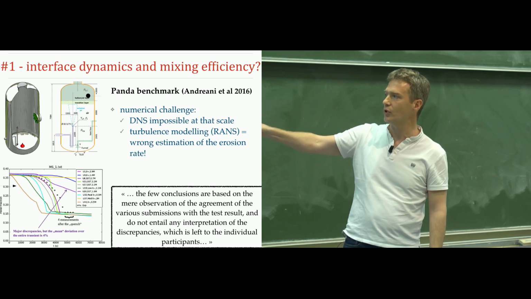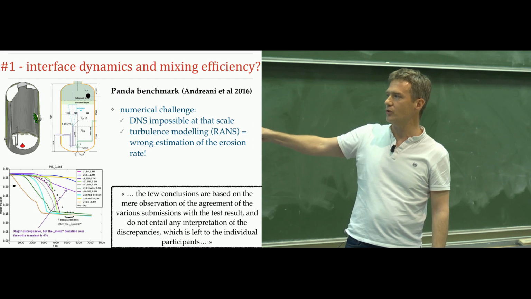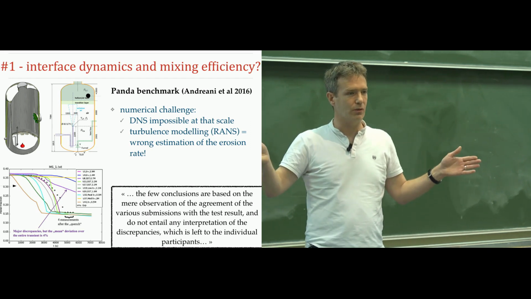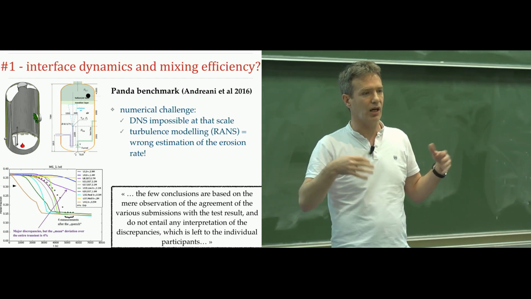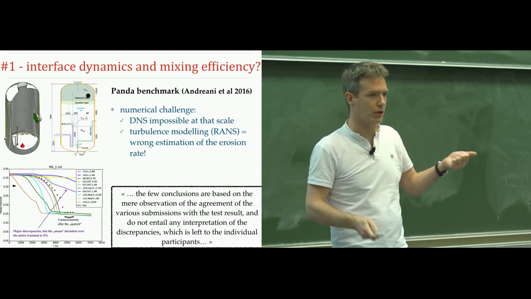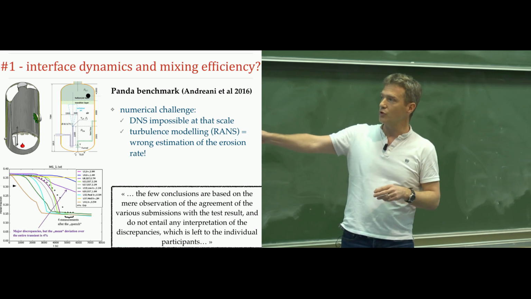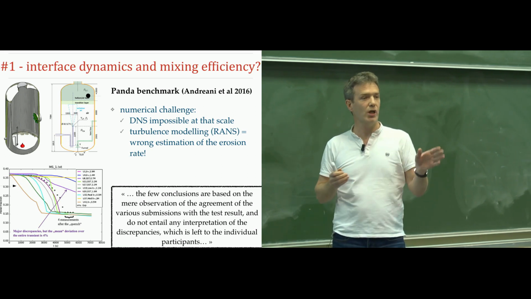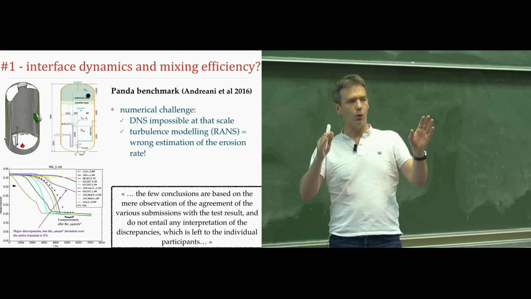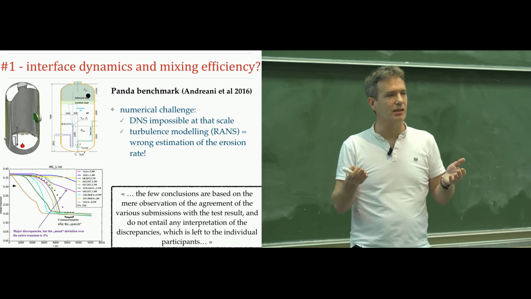Those are the point concentrations of helium as a function of time. And they made a blind test with all the nuclear safety codes from Switzerland, from France, and so on. And as you can see from those curves, all the simulations were wrong, and they were all overestimating the mixing.